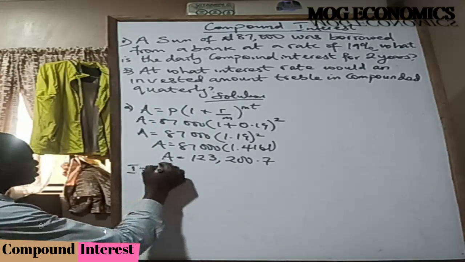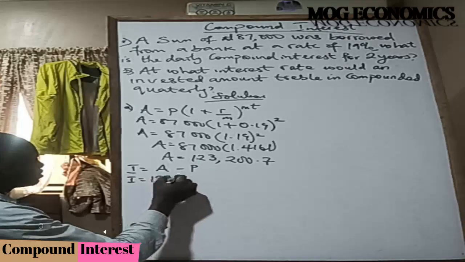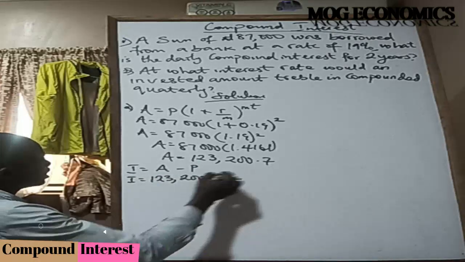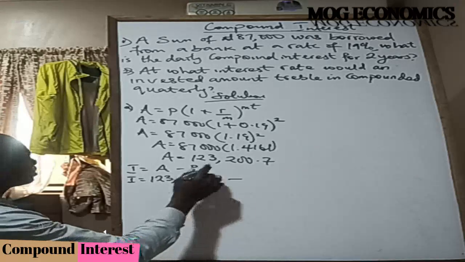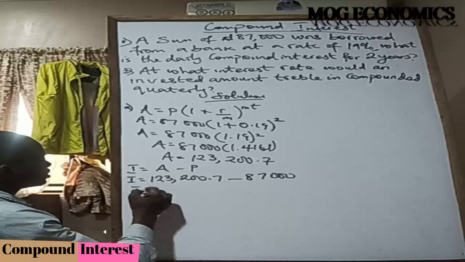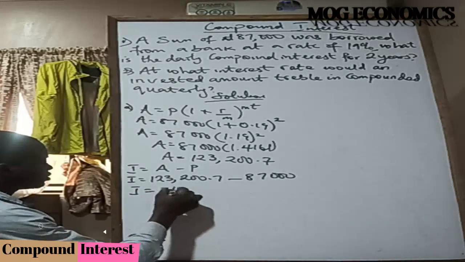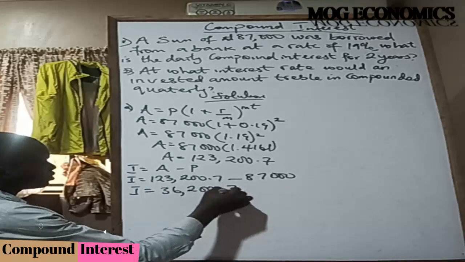So interest equals A minus P. So interest equals 123,200.7 minus P, which is 87,000. So the interest here is equal to 36,200.7.